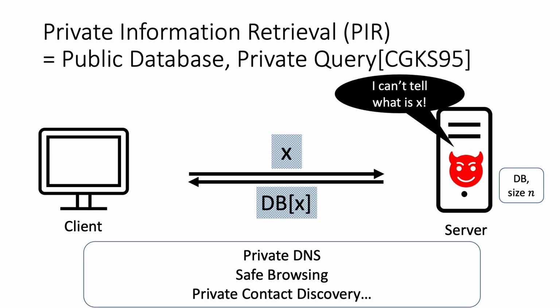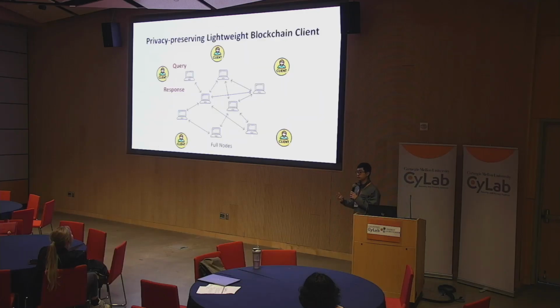There are many applications of this primitive. You can build a private DNS server out of this. You can build, for example, safe browsing, private contact discovery, and so on and so forth. There's actually one very good application in blockchain. In blockchain, we generally have a P2P network, and usually the network contains full nodes. The full nodes, for example, transmit the messages and verify the whole blockchain. But usually normal users only run lightweight clients. For a lightweight client to interact with the blockchain, it needs to interact with some full nodes.